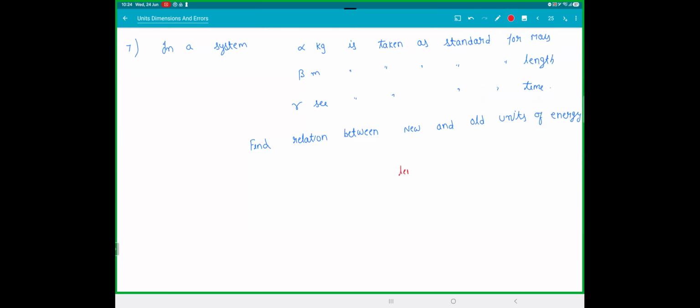The length of a cube is 8 centimeters. Find the volume of the cube. And the answer is 500. We will see that in the next class.